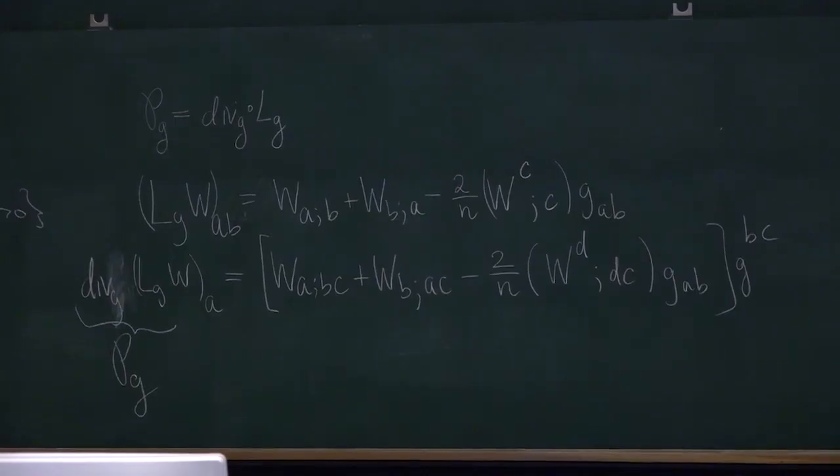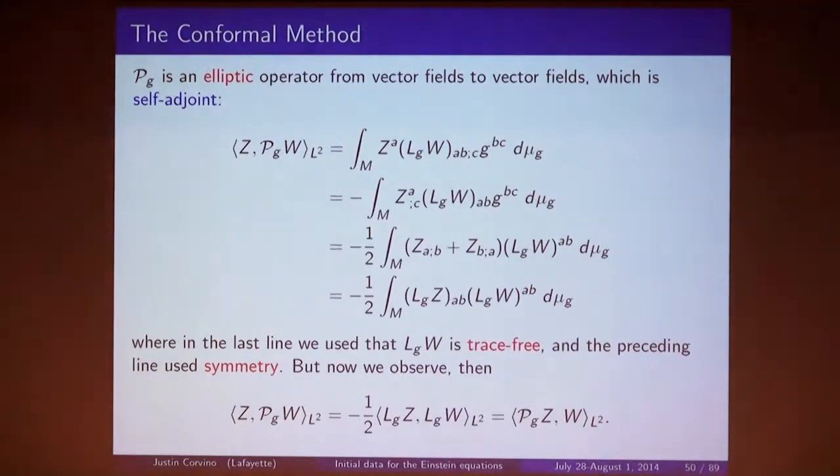All right, so if you actually go through and check, I spared you the slide. So this operator is an elliptic operator from forms to forms or vector fields to vector fields, okay? And it's self-adjoint in terms of L2 self-adjoint. So let's go through the proof of that. That's important.